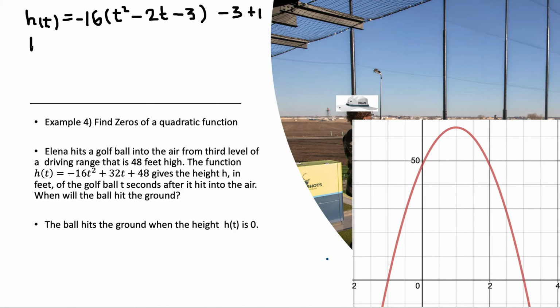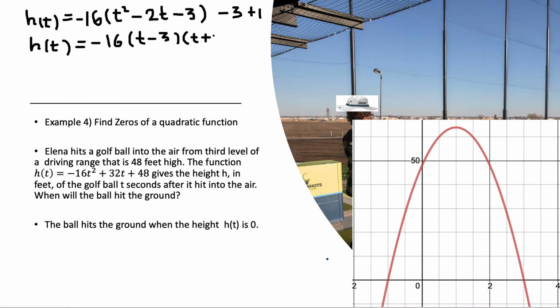So this quadratic equation that is in standard form, I can write into factor form by factoring this trinomial into binomials. So this is 16, and here is t minus 3, and the other factor is t plus 1. So I already factored this.